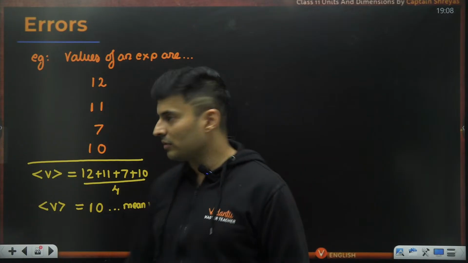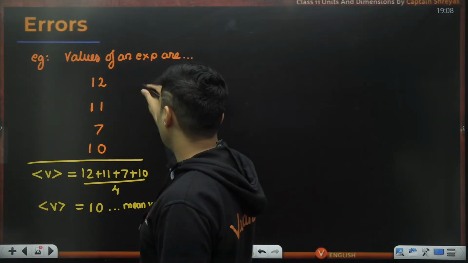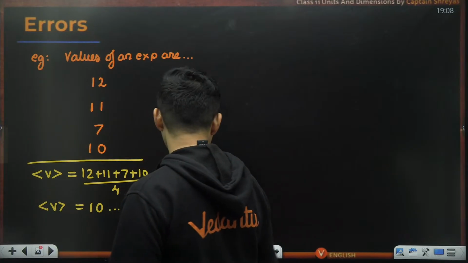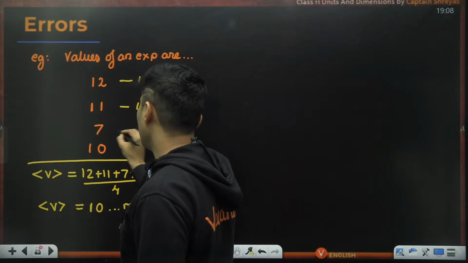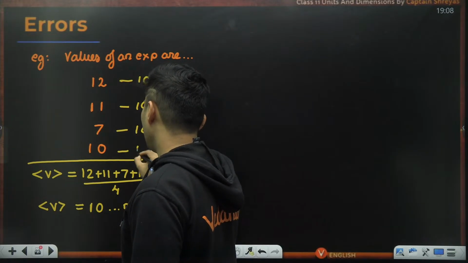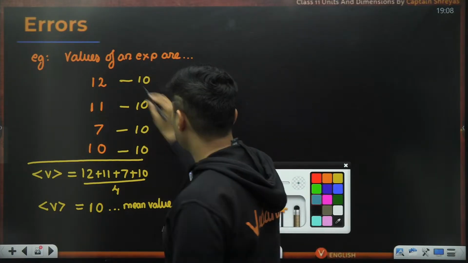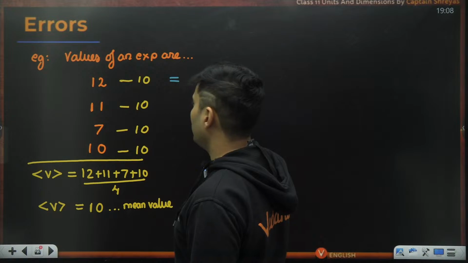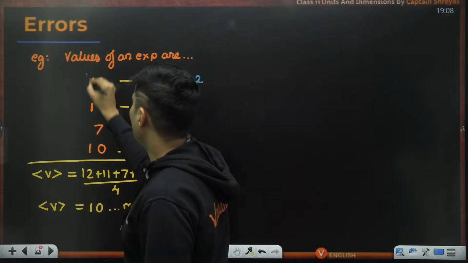The next step of the procedure will be taking this and subtracting the mean value from it. So 12 minus 10, 11 minus 10, 7 minus 10, 10 minus 10. But whatever answer you get, just take the mod of that. So 12 minus 10 is basically 2, but you have to take the mod of that.